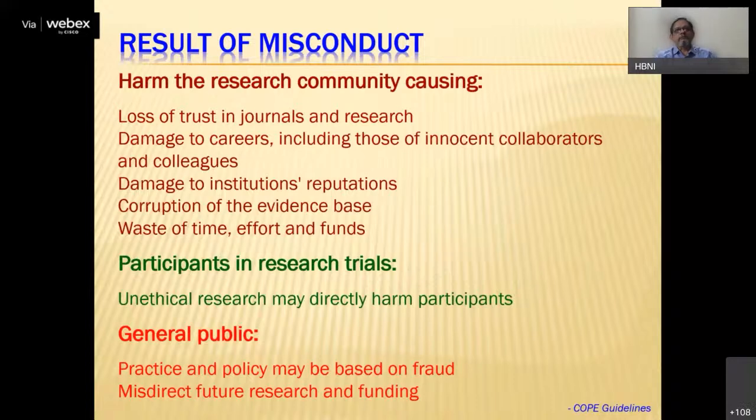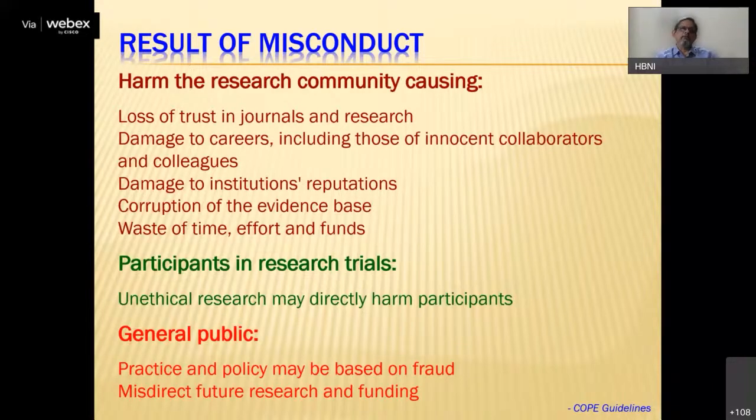So what are the results of these misconducts? This misconduct can actually harm the research community, and can cause loss of trust in journals and research itself. Then they can cause damage to the careers of people, including some innocent collaborators and colleagues who were not aware of a certain misconduct committed by a particular person in the group.